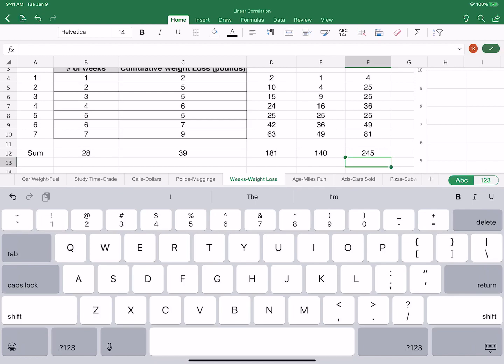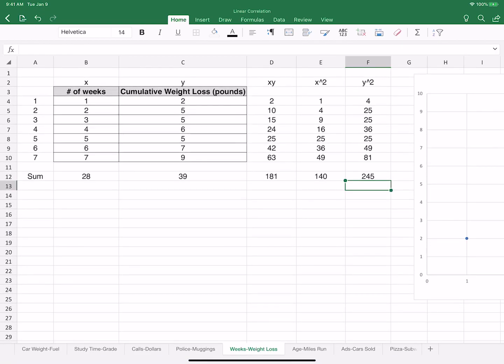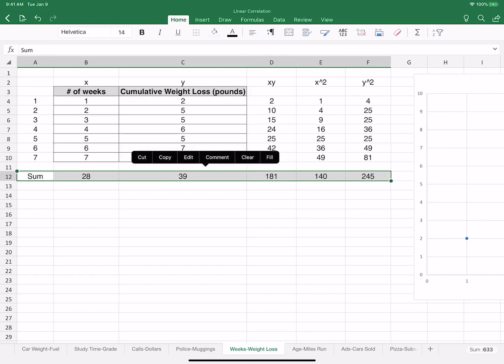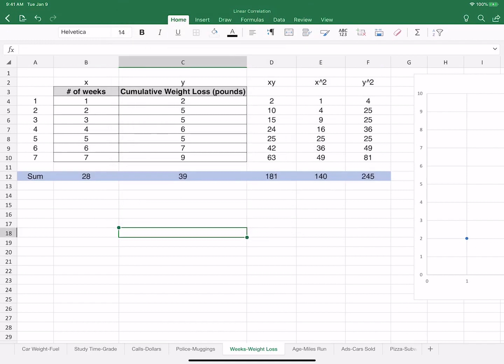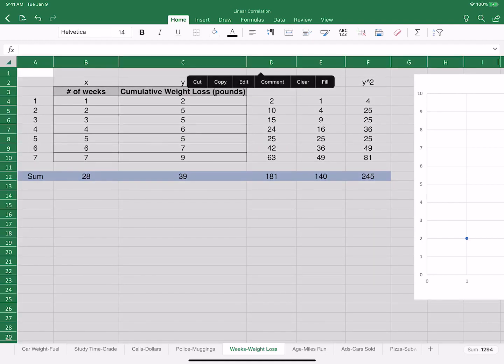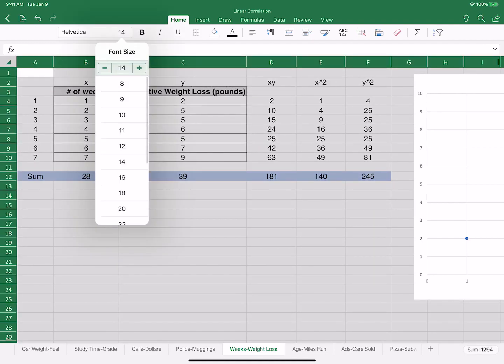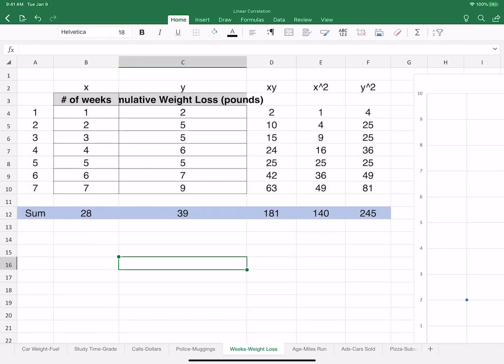Let's get out of this mode so we can see everything, and then highlight everything here. Let's increase the size here, out to 18. At this point, make sure you guys copy this data here.